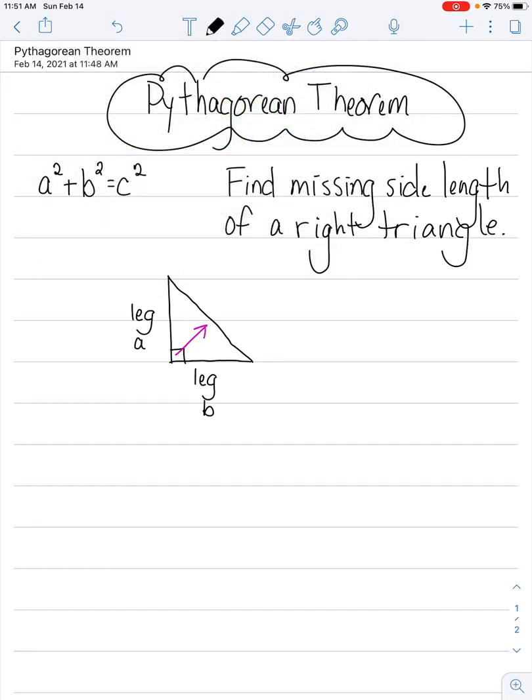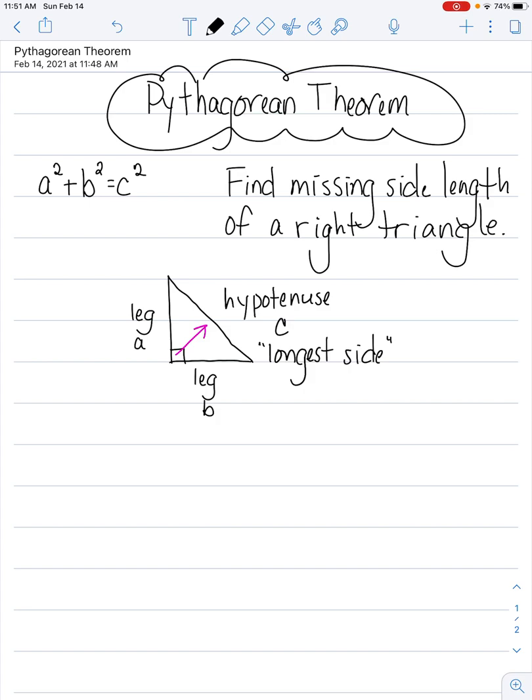That is your hypotenuse. That's always your C, or your longest side. Always, always, always. A and B are your legs, and C is always your hypotenuse or your longest side.